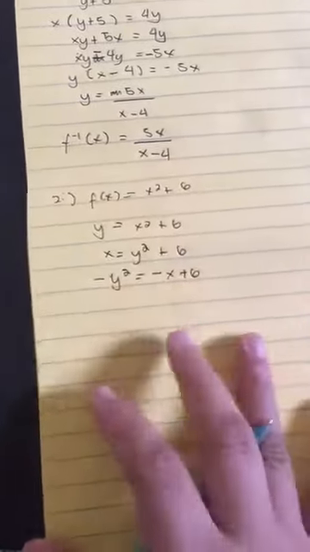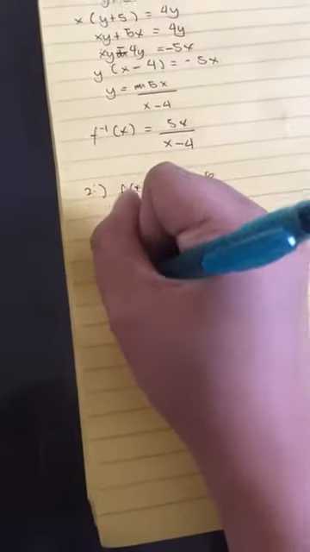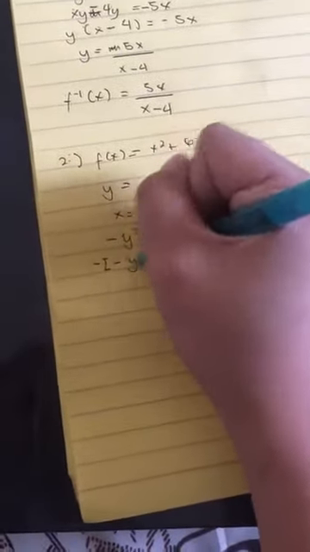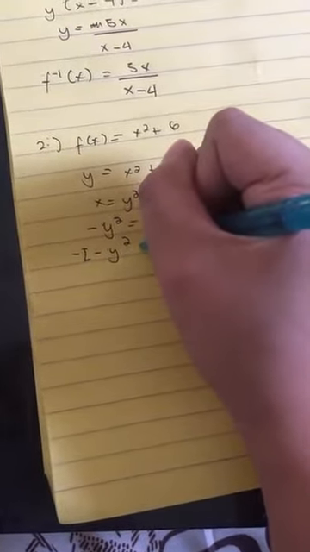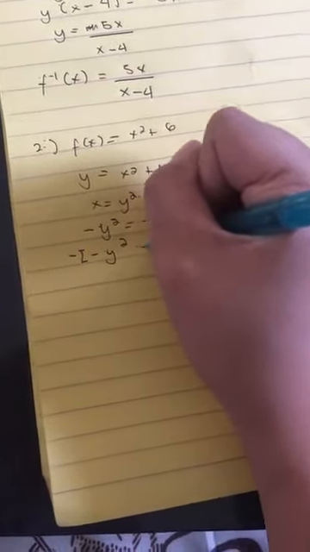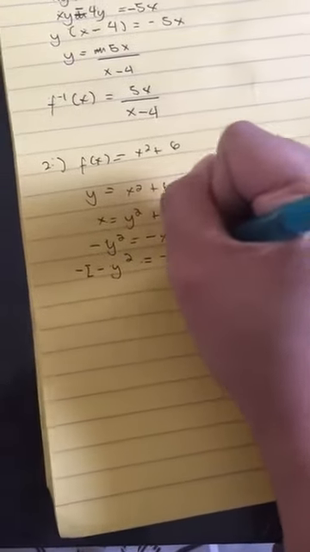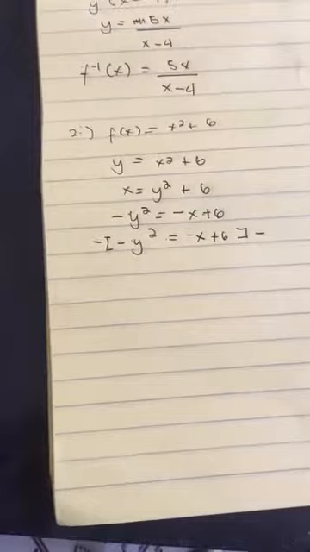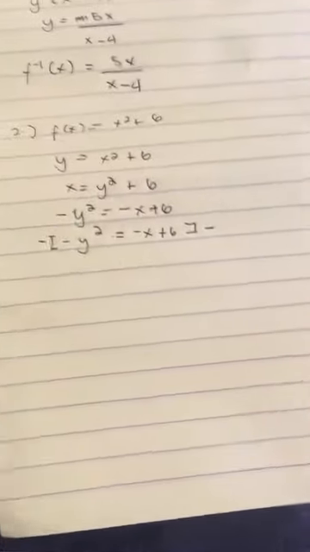So we could have the inverse, we are going to multiply both sides. So it will come like this: negative y squared equals negative x plus 6. So we could remove the negative sign.